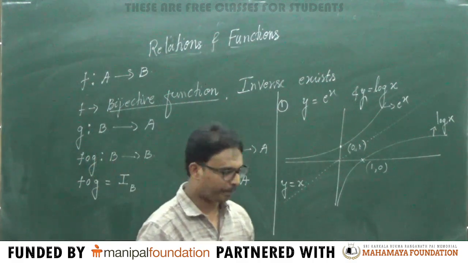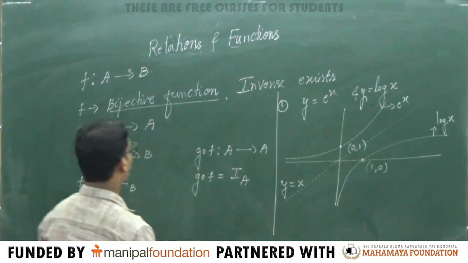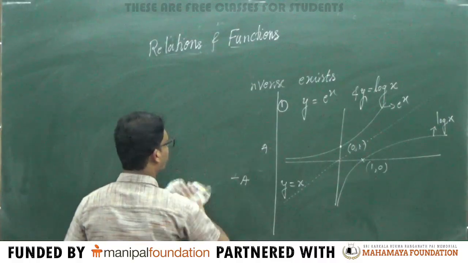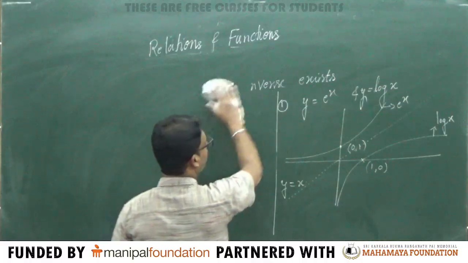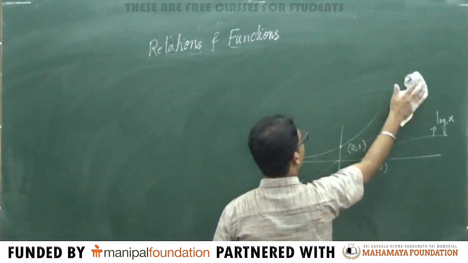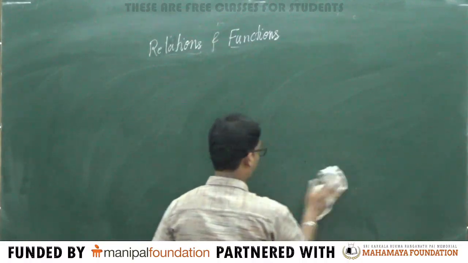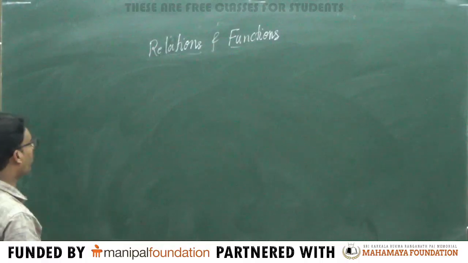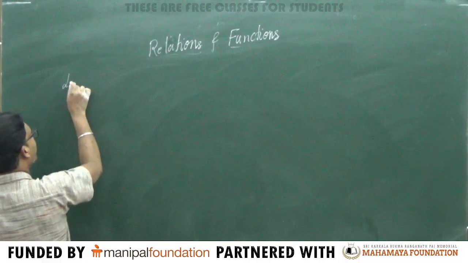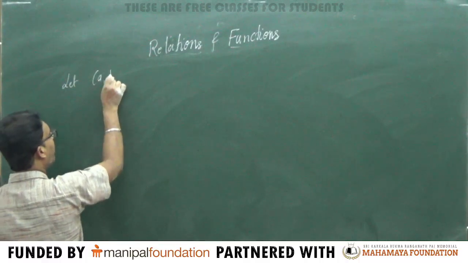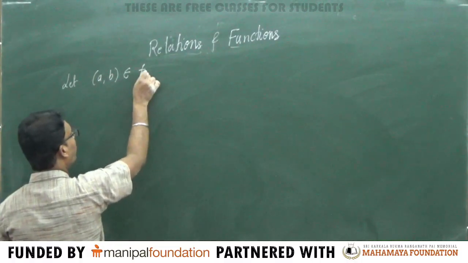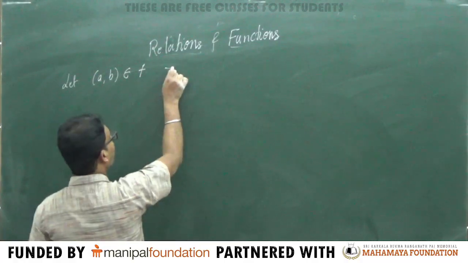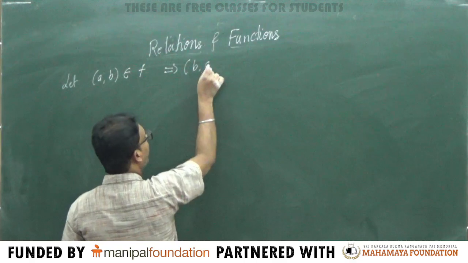Second point, let a comma b be a point that lies on the function f, then the point that lies on its inverse is b comma a.